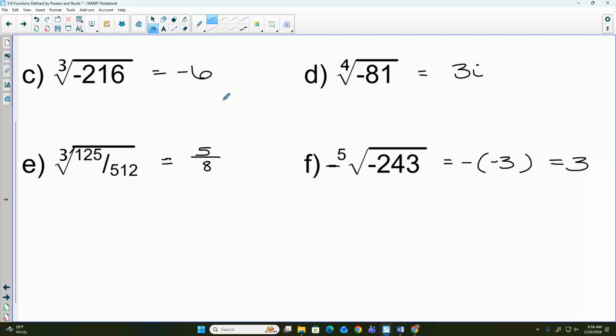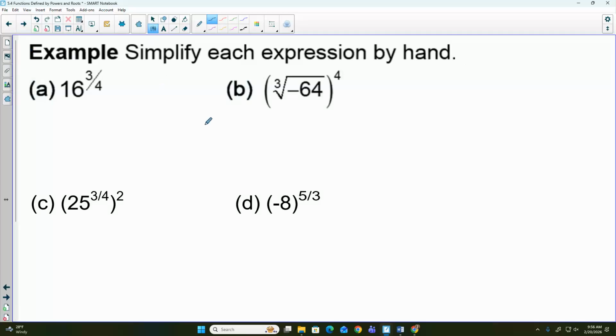Let's look at a couple. All right, if I want you to simplify these without just plugging it in the calculator, so making sure we understand what it's asking us. If I said 16 to the 3/4 power, how would I write that with a radical? The fourth root of 16, to the third power.